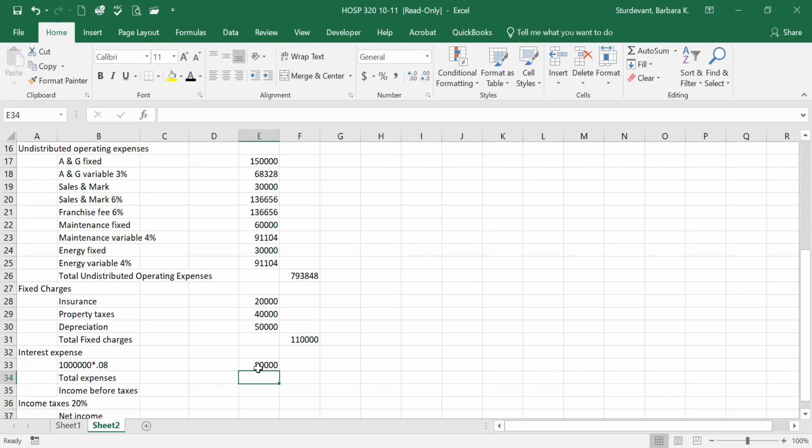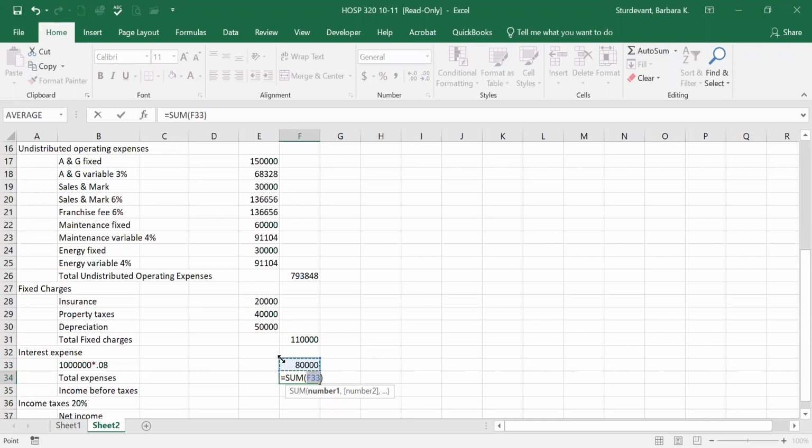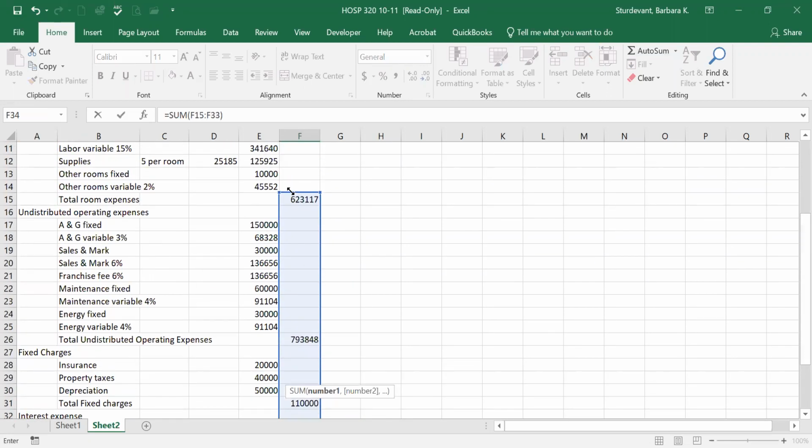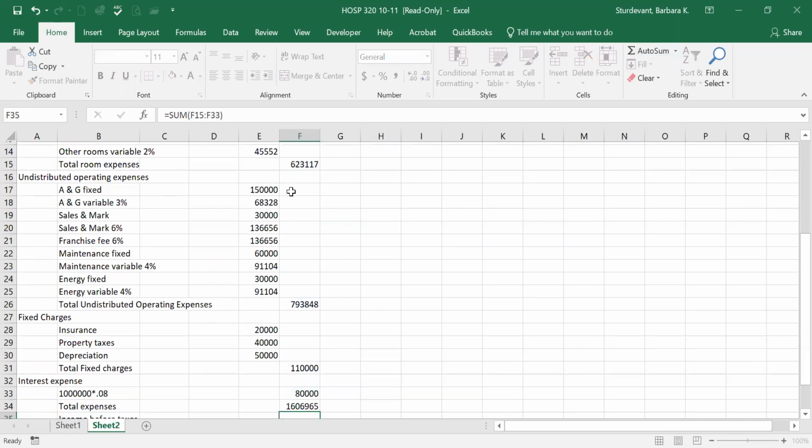Actually, I'm going to move this over here. Okay. So now we're going to add up our expenses. We need the interest, the fixed, the undistributed, and the room expenses.